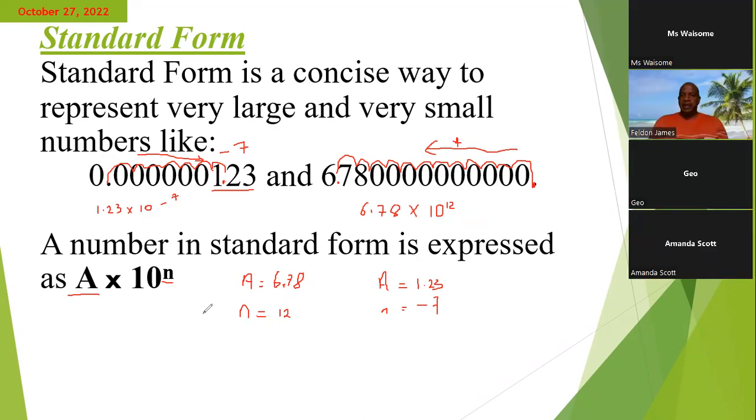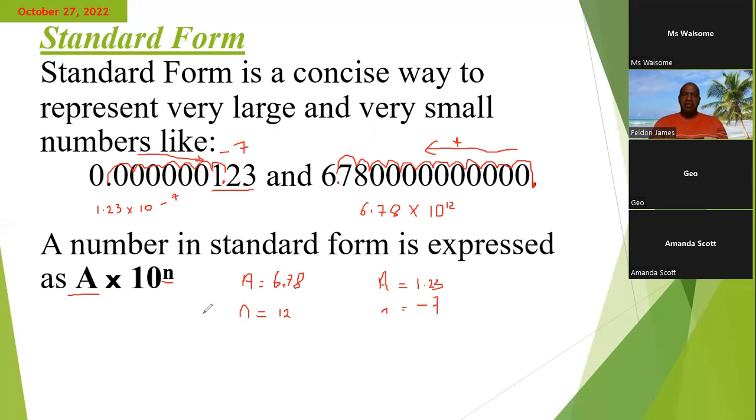It's good to be able to write a number in standard form, right? And so we would have just learned how to do that. But also, suppose we were given numbers in standard form, and now you're asked to write it back into regular form, or in other words, the normal form.